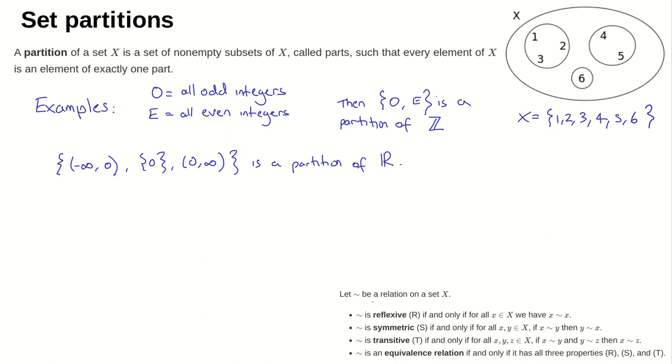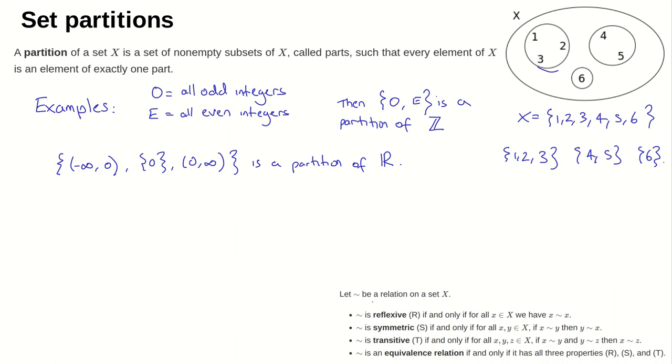And the parts which are supposed to be illustrated in this partition are 1, 2, 3, those are the things in this circle here, and 4 and 5, and on its own, 6. Okay, so this is the meaning of a partition or a set partition.